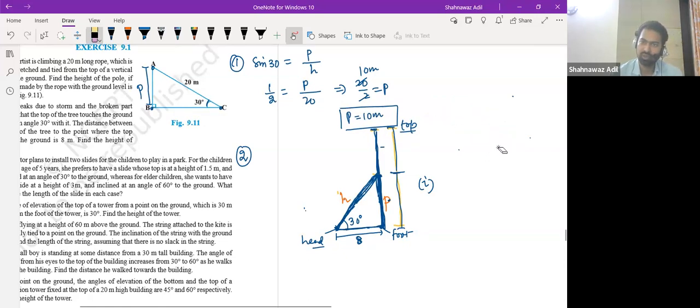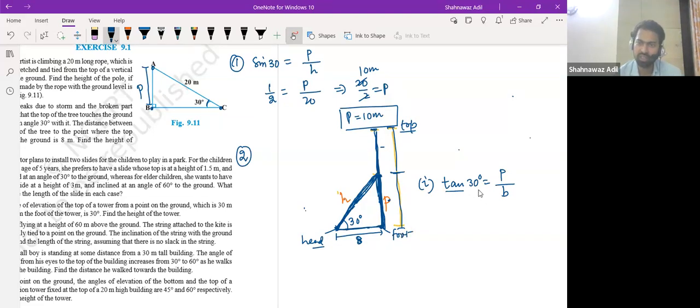Good, tan. Tan theta, right? So tan theta relates perpendicular and base. Understood? Any question in that? Right.